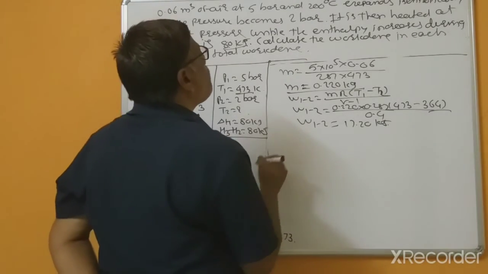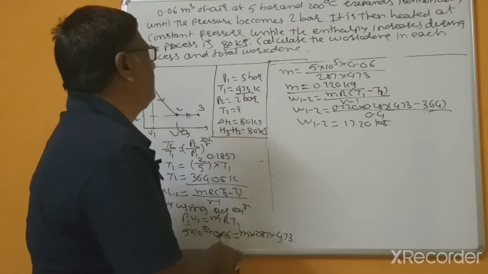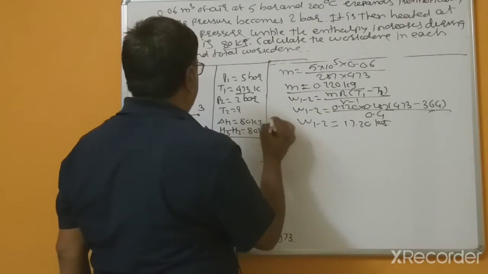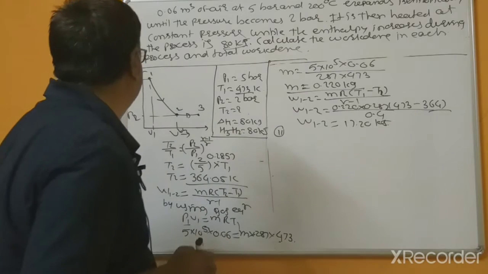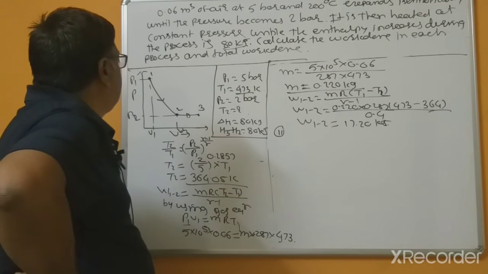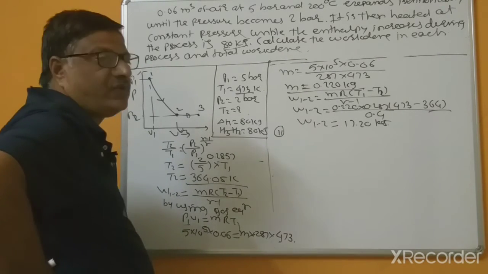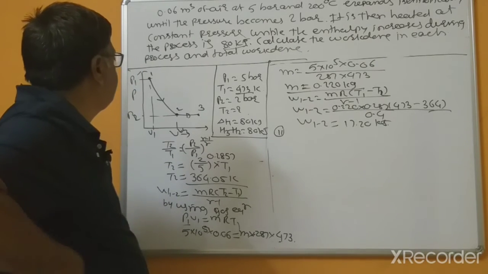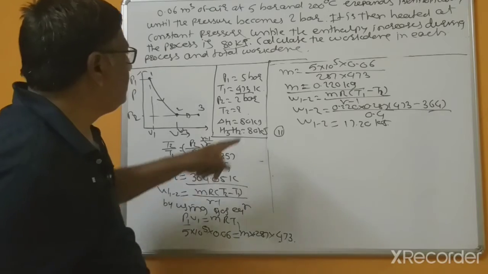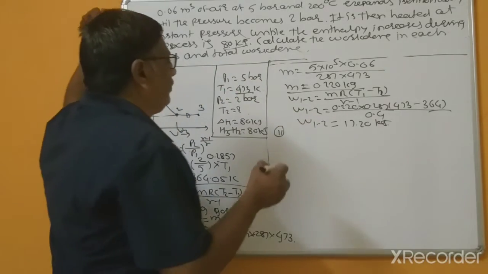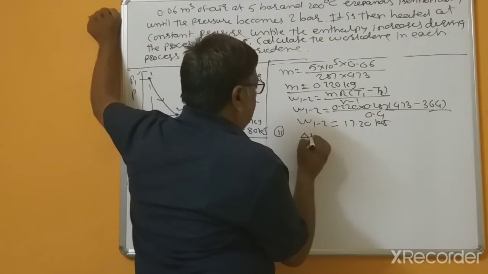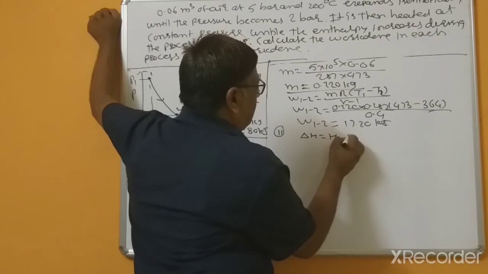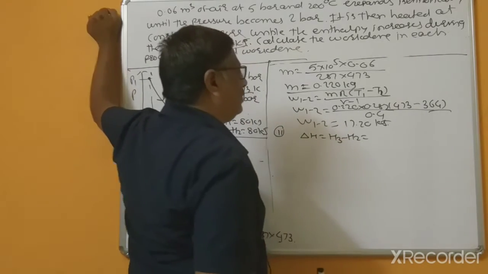Now for the second part, work done by the 2 to 3 process. So we require this T3 temperature. But the relation given here is enthalpy. Delta H equal to H3 minus H2, and this is enthalpy.